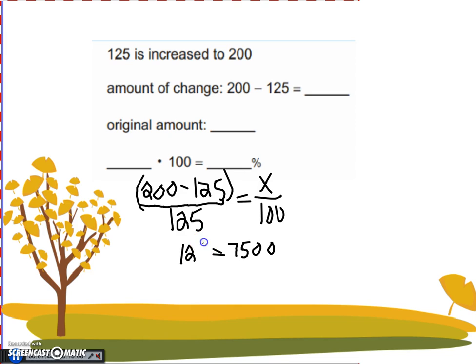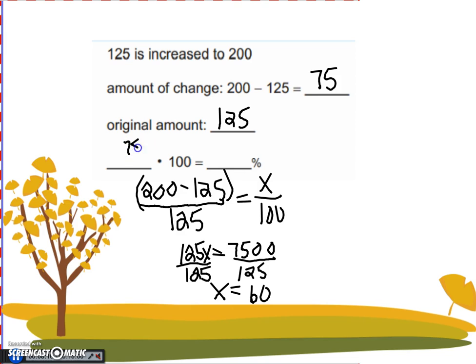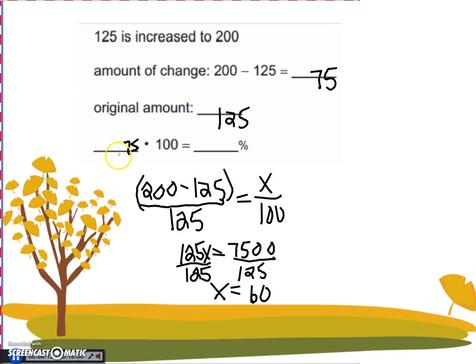And then we divide both sides by 125. And we're going to get 60. Now, step by step, 200 minus 125, that's 75. So the original amount is 125. And what they did was they said 75 divided by the original amount times 100. And they also got 60%. But I want you setting up the percent proportion.